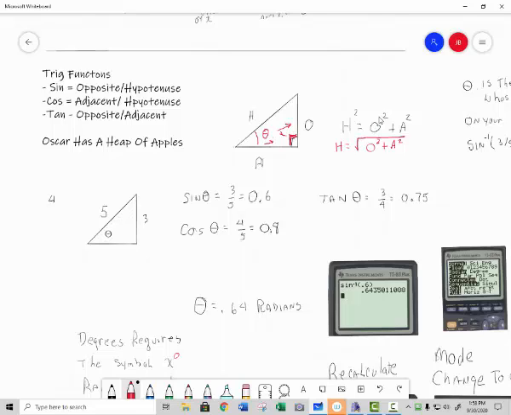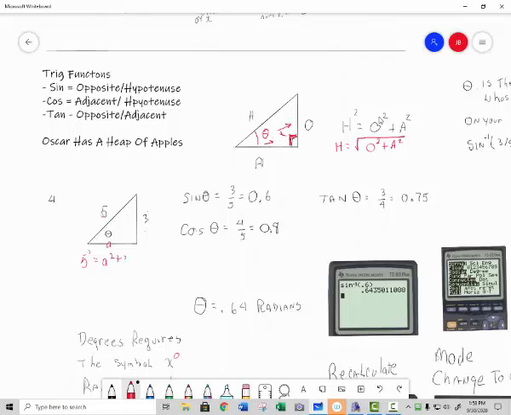And let's take a look at this one right here. Okay? I know that this is the hypotenuse, 5, and this is the opposite, 3. So I know that 5 squared is going to be the adjacent squared, a squared, plus 3 squared.